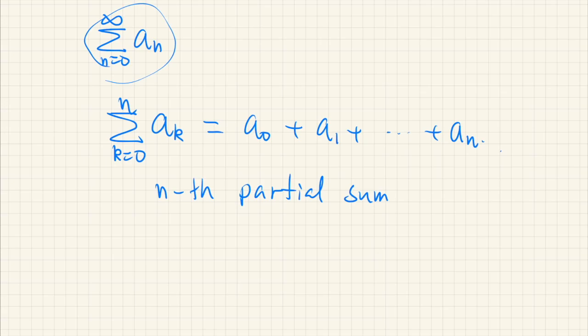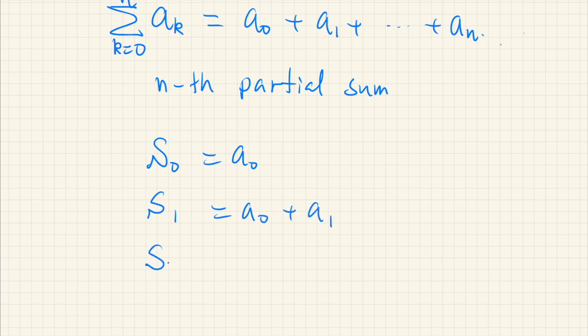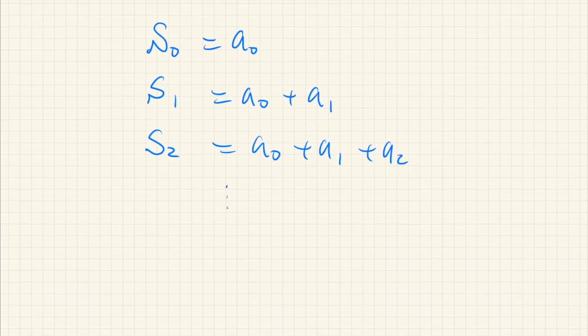of this series. Now, based on these partial sums, we can define a new sequence of real numbers. That is, S_0 is a_0, S_1 is a_0 plus a_1, S_2 is a_0 plus a_1 plus a_2, and so on.